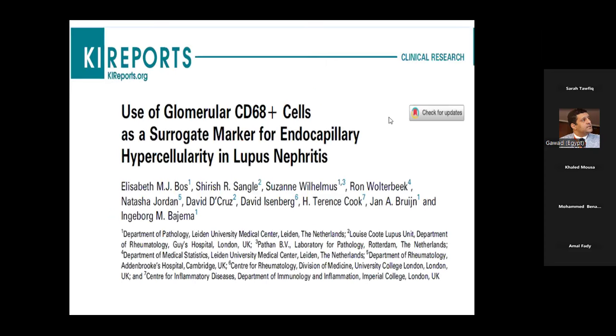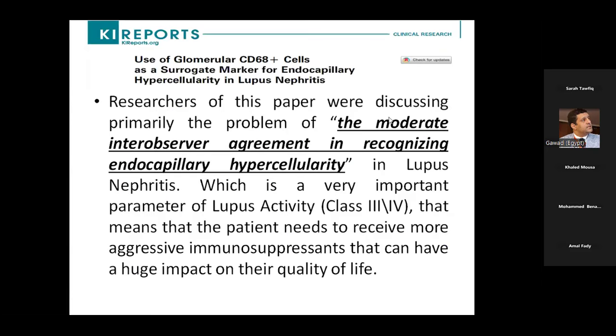And this paper was discussing the use of CD68 positive cells as a surrogate marker for endocapillary hypercellularity in lupus nephritis. The researchers were discussing a problem. What was their problem? That there is an inter-observer agreement of a moderate grade in recognizing the endocapillary hypercellularity.